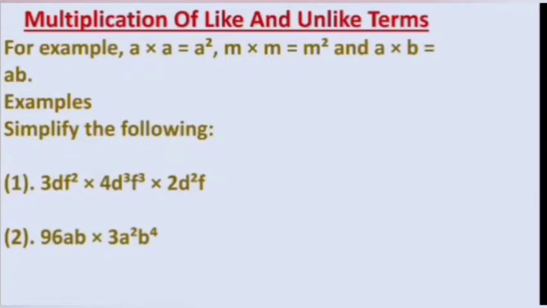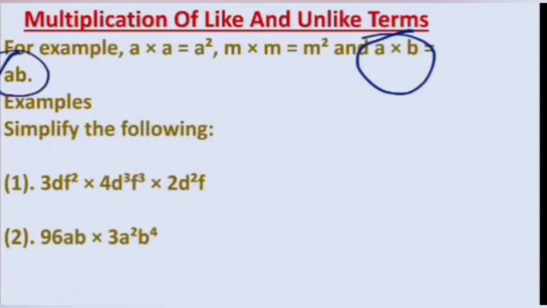So a times a is a squared. You have m times m, m squared, and a times b is ab. You can see that these two are unlike terms. You can multiply unlike terms, so you just join them together, which is ab. Right?